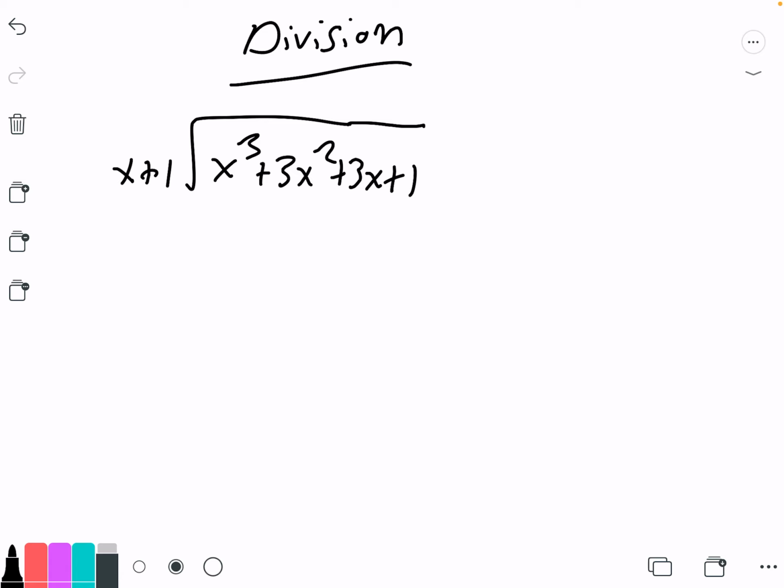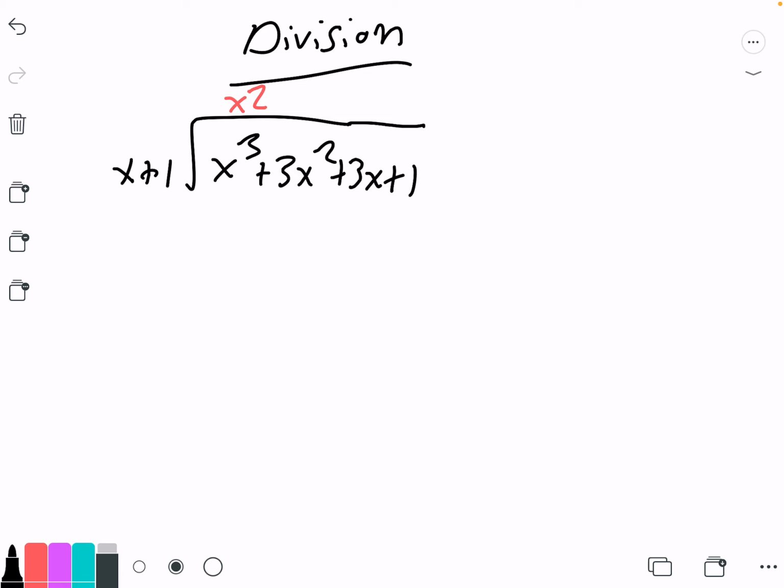So, just like normal long division, we're going to look for a value that we can multiply x plus 1 by so that we get as close to x cubed plus 3x squared plus 3x plus 1 as possible. So this is x squared.